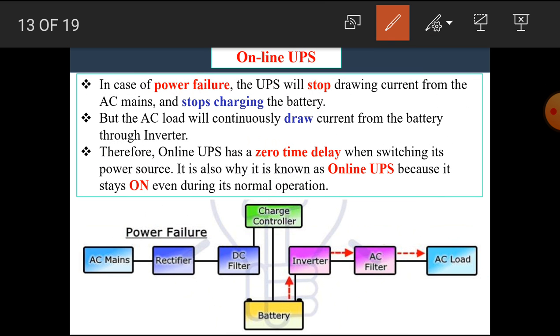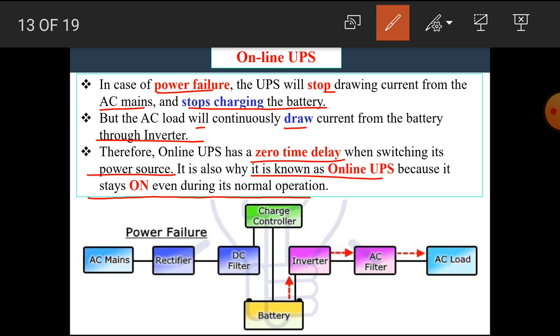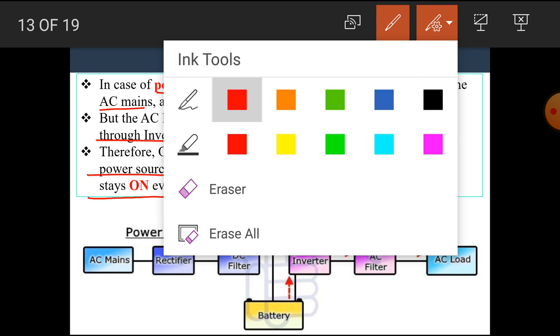In case of power failure, the UPS will stop drawing current from the AC mains and stop charging the battery. But the AC load will continuously draw current from the battery through the inverter. Therefore, online UPS has zero time delay when switching its power source. It is also known as online UPS because it stays on even during normal operation.